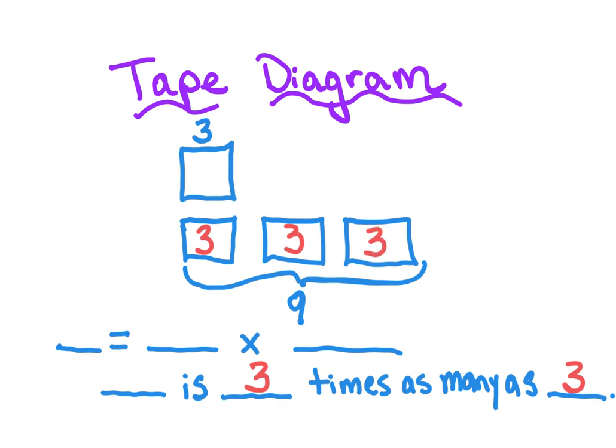And 3 times 3 is 9. So 9 is 3 times as many as 3. So over here, we would put a 9, and we would write 3 times 3. Again, work on those multiplication facts.